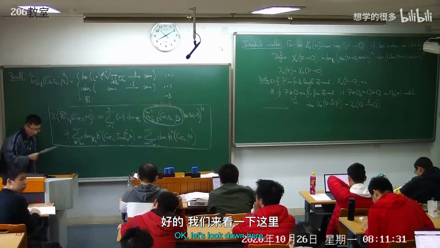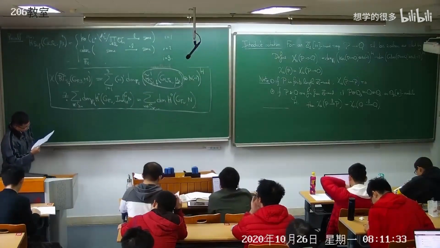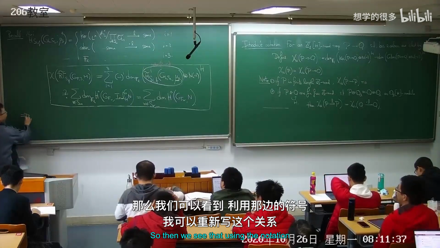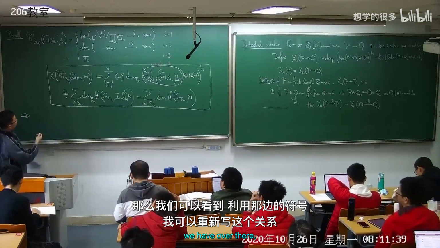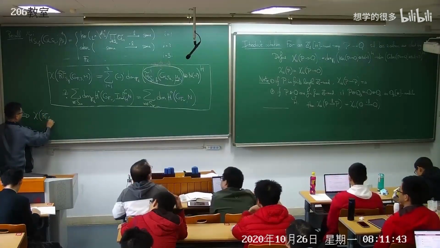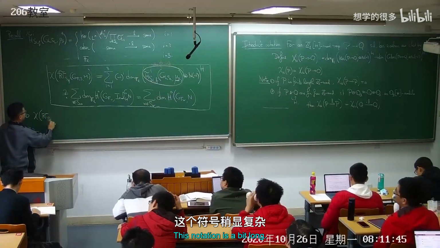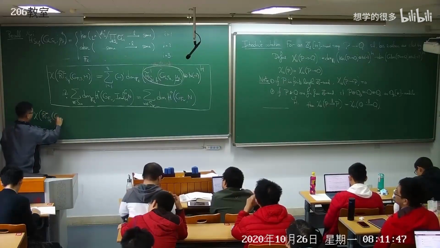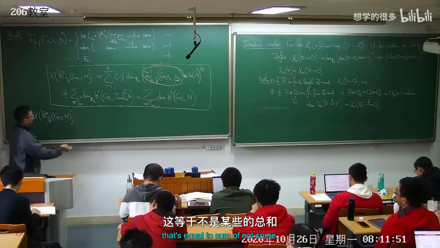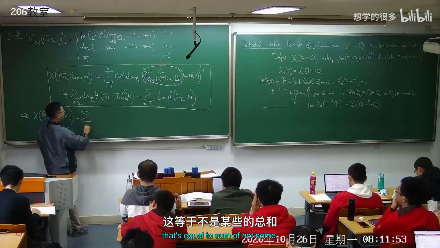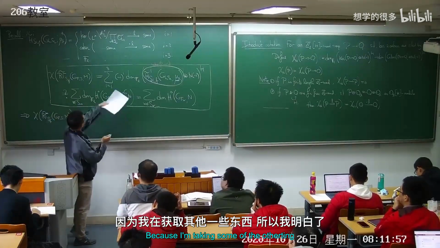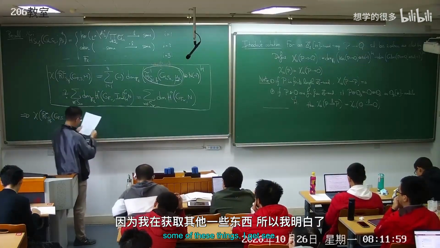Okay, let's move down here. So then we see that using the notation we have over there, I can rewrite this chi. That's equal to sum of, no, not sum, because I'm taking somehow the alternating sum of these things.